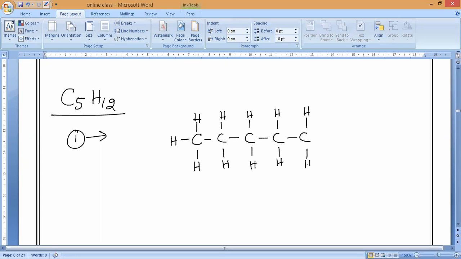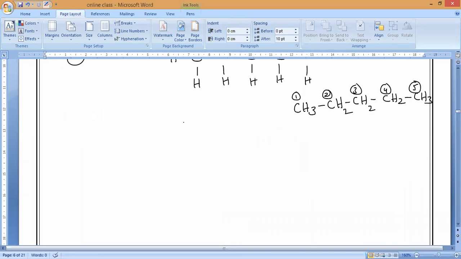The condensed formula is CH3, CH2, CH2, CH2, CH3. The number of carbons is 1, 2, 3, 4 and 5. This is called n-pentane. That is what you have to remember.